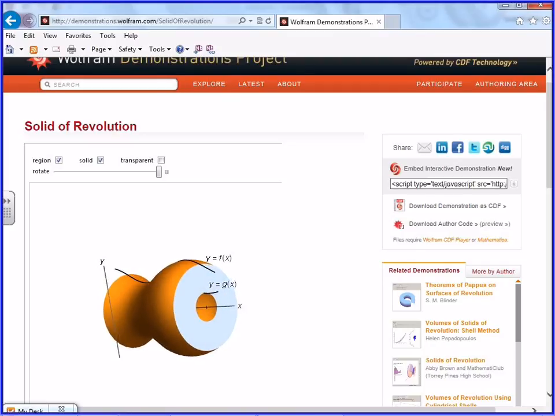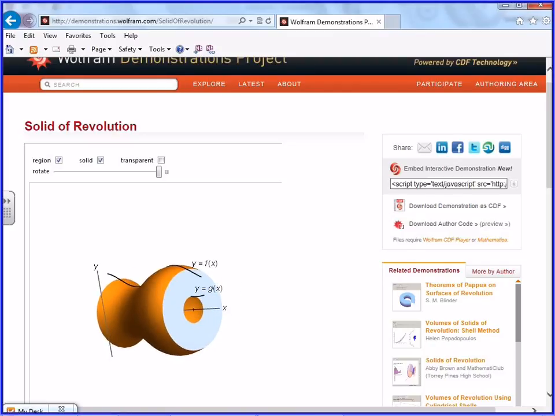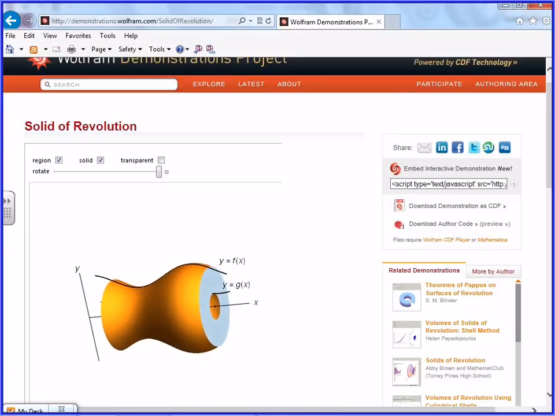The cross-section is these two concentric circles, an annulus, right? A circle with a hole cut out of the middle of it. And the area of that is the area of the outside minus the area of the inside. So it's pi f of x squared minus pi g of x squared. And if you do that, now you just integrate over that. So you basically have a formula as long as you set the problem up correctly. And that's what we're going to do several examples of today.